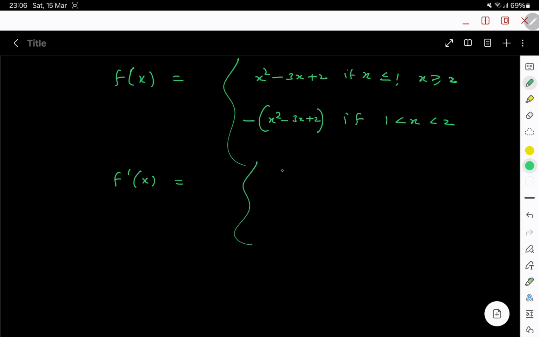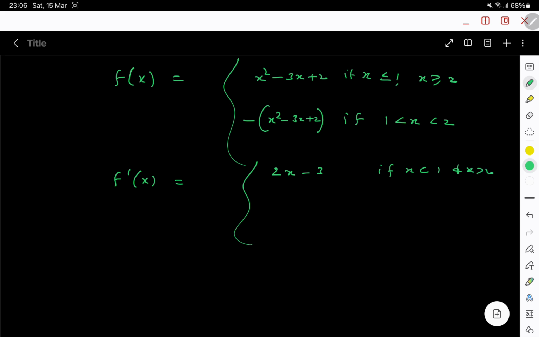f dash of x: differentiation of x square is 2x, differentiation of 3x is 3. This holds for x less than or equal to 1 and x not equal to 1. For 1 and 2, we have to check whether the derivative exists or not. For x less than 1 and x greater than 2, at 1 and 2 the derivative does not exist.